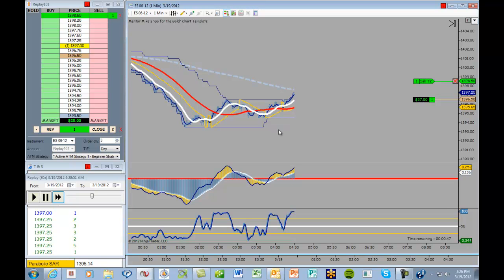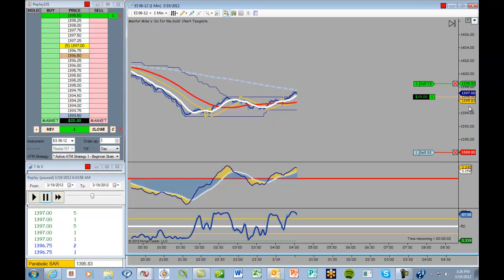Oh, we hit the target but didn't move the stop. I'm going to pause this and manually move the stop.